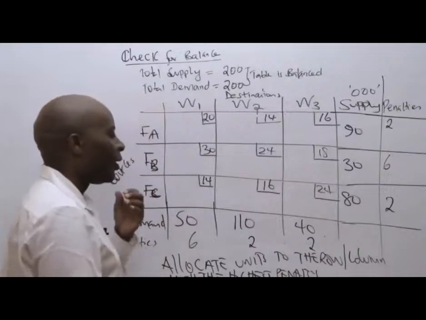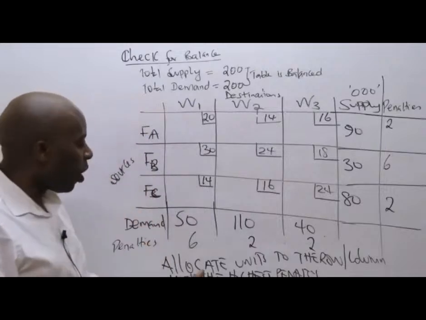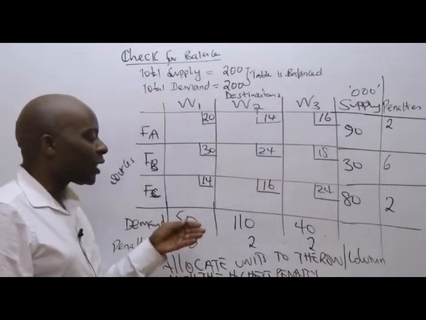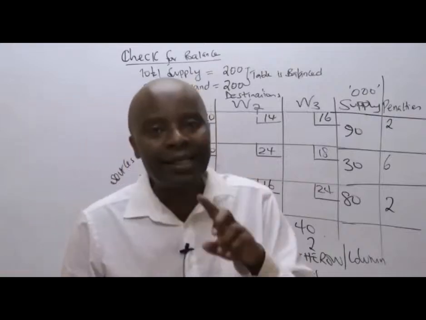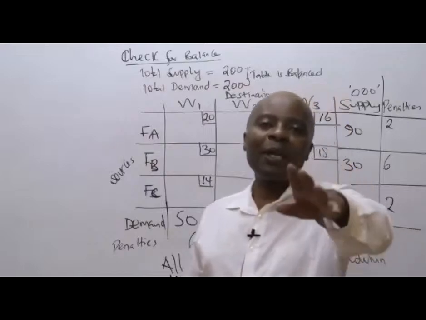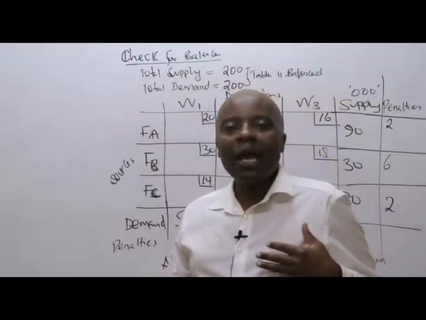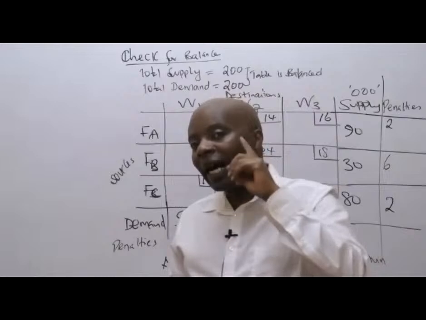Allocate units to that row or column which has the highest penalty. So in this case, our yardstick, what will be guiding us, is the highest penalty, because my aim is to run from that highest penalty.